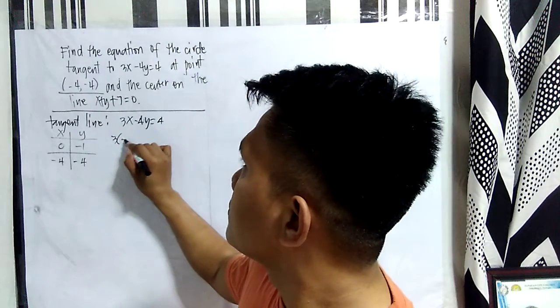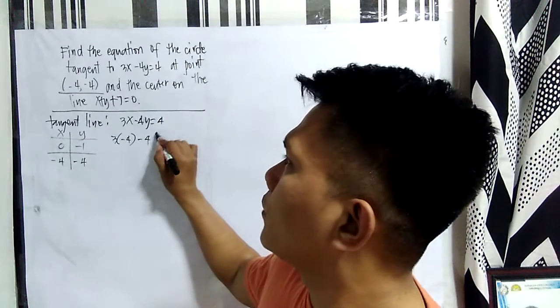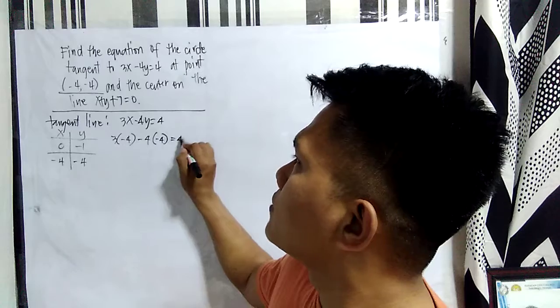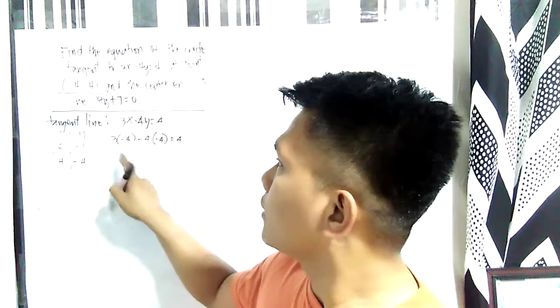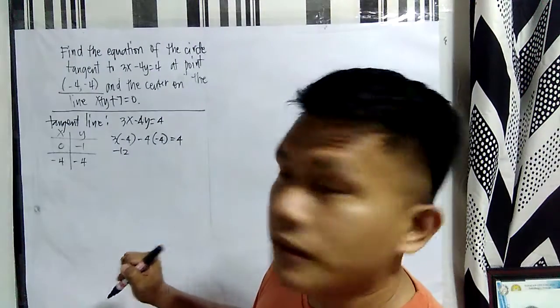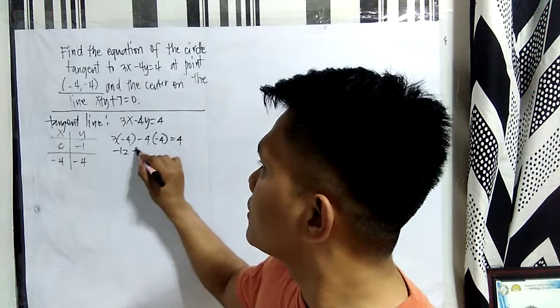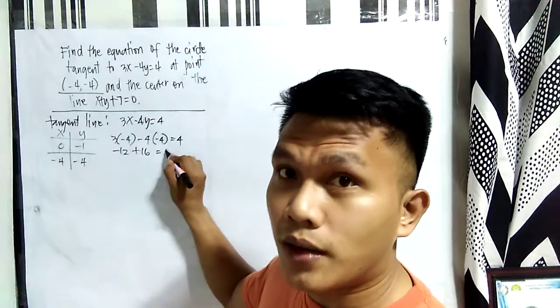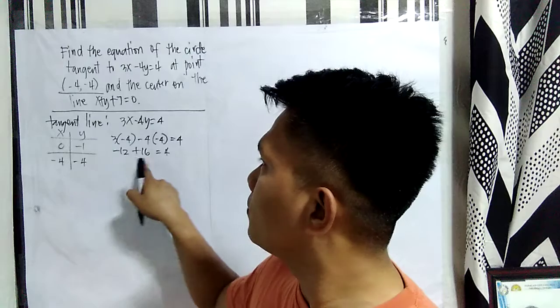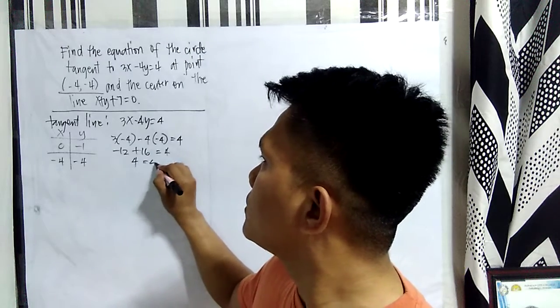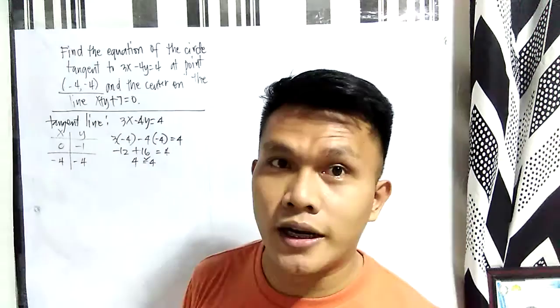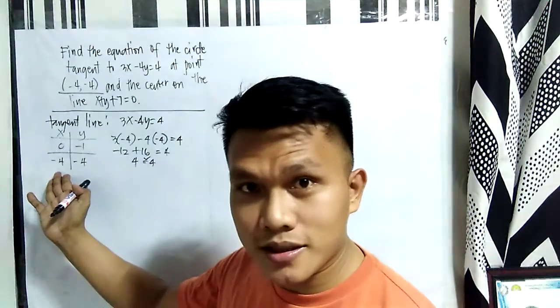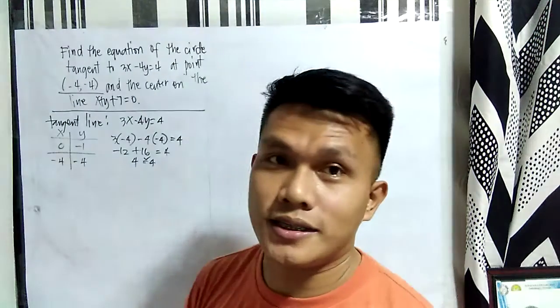We have 3 times negative 4 minus 4 times negative 4 equals 4. So 3 times negative 4 is negative 12, and then negative 4 times negative 4 is positive 16 equals 4. So negative 12 plus 16 is 4, which is also equal to 4. Okay, so if the value of x is negative 4, the value of y is negative 4.